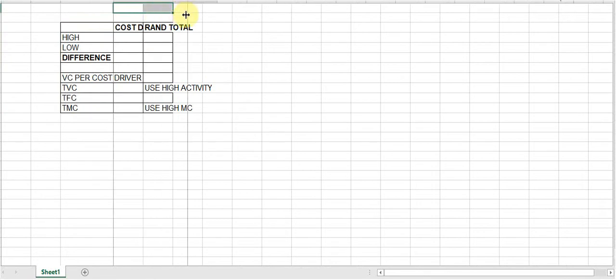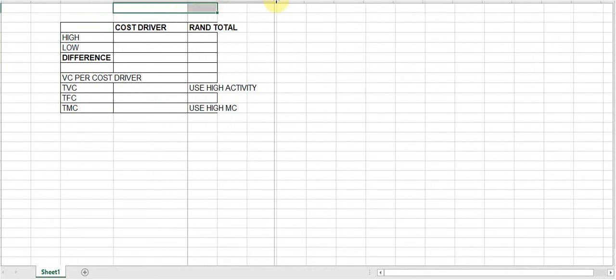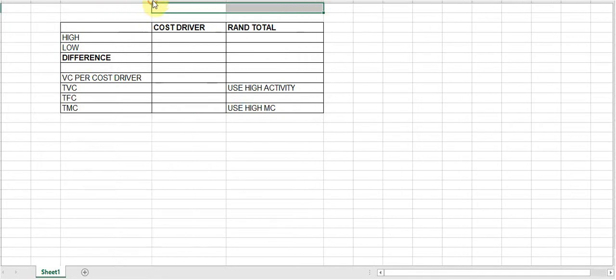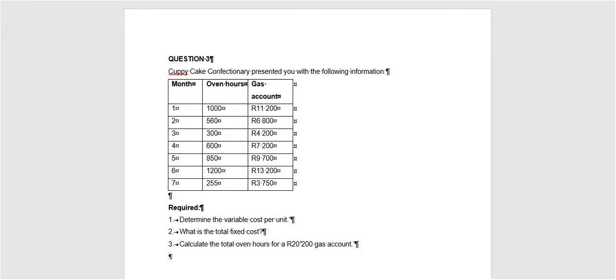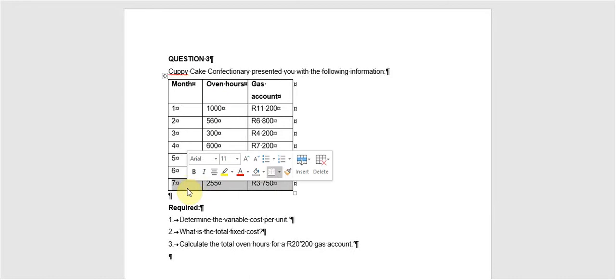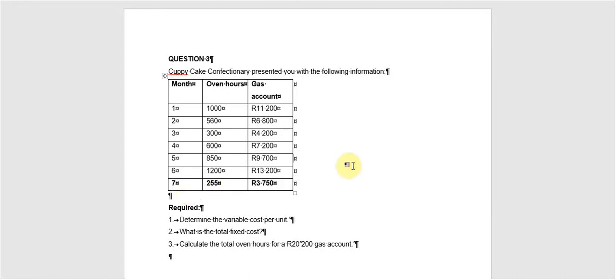And then I need to start by looking for the highest and lowest values and activities or cost drivers. Here I can see that it seems to me the lowest one was 255 oven hours at 3,750 rand, and it seems to me the highest one was 1,200 oven hours at 13,200 rand.